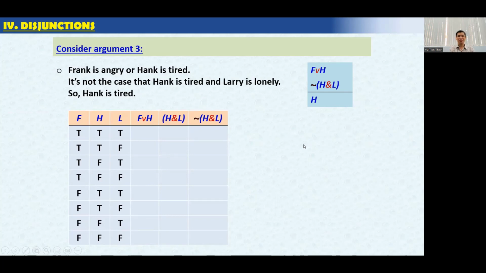The first variable goes true, false, true, false, alternating pairs.